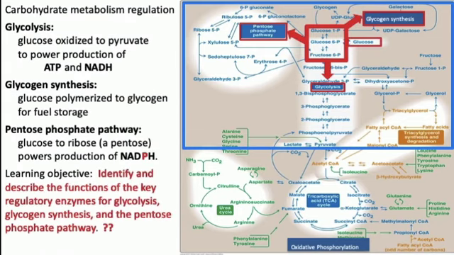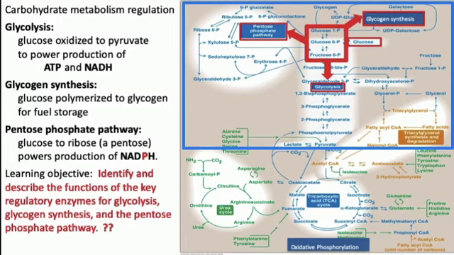How does a cell regulate whether glucose is going to be burned through glycolysis in order to produce energy, make ATP and NADH, or whether glucose will be assembled into a polymer by glycogen synthase for fuel storage, or whether it will be used by the pentose phosphate pathway in biosynthesis in order to make ribose and to produce the biosynthetic coenzyme NADPH?